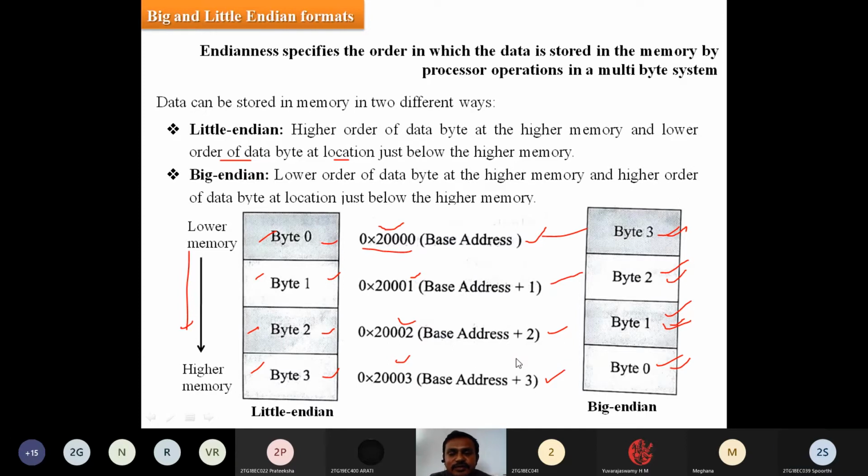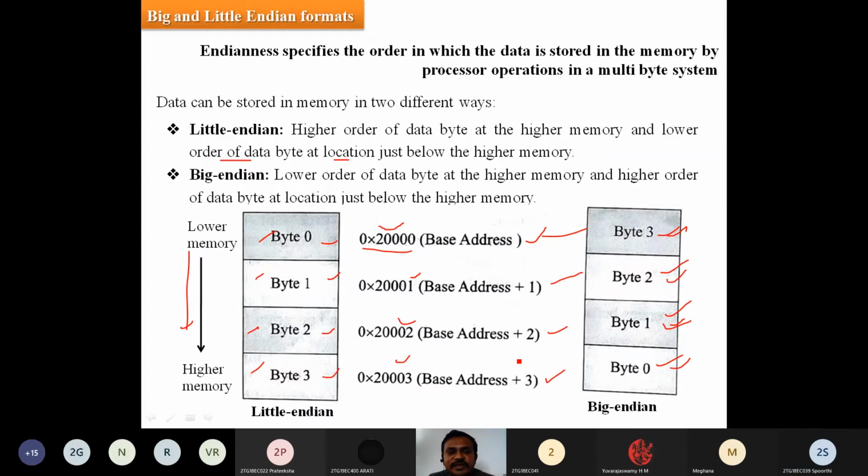Spurti, you are going to allocate byte 6 to byte 0 from lower to higher or higher to lower? From higher to lower. Sorry, it is not higher to lower. Let me repeat once again.